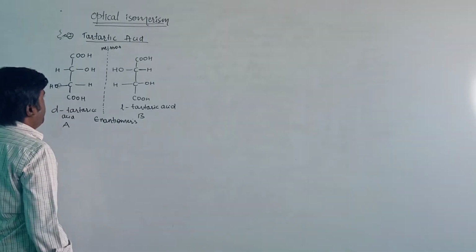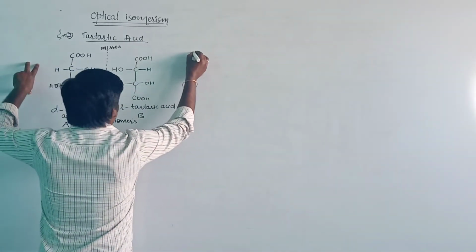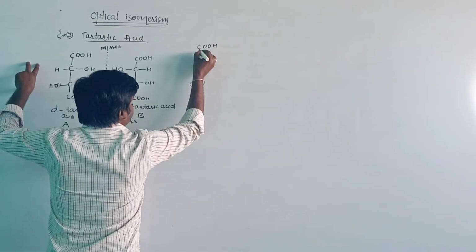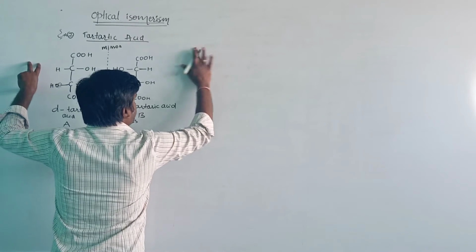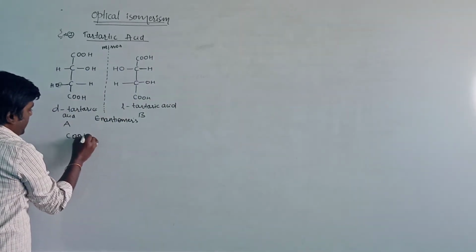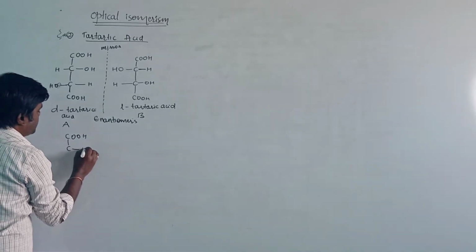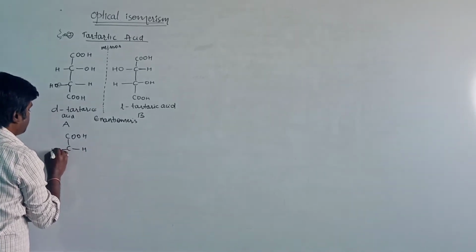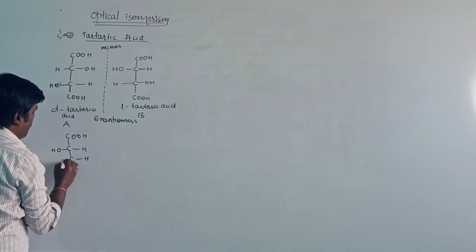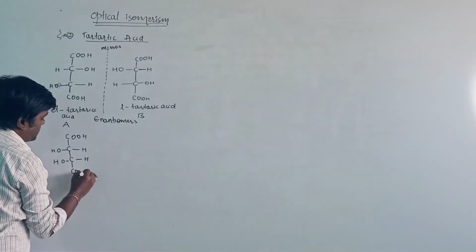Okay? And we can take another type of compound, that is COOH, COOH, C here H and here OH, then C, H here, OH here. Then COOH.